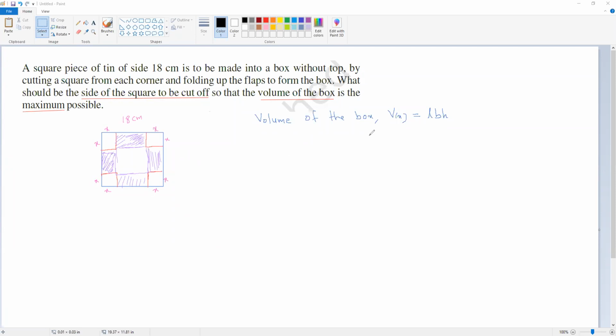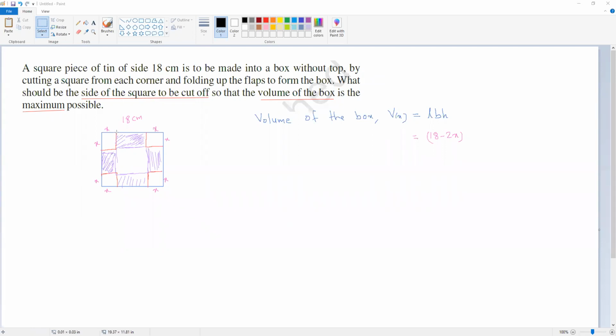So if we cut like this, what will be the length of the remaining box? 18 minus 2x, because x is gone from both sides, x gone from here, x gone from here too. So the remaining is 18, this will be the length.